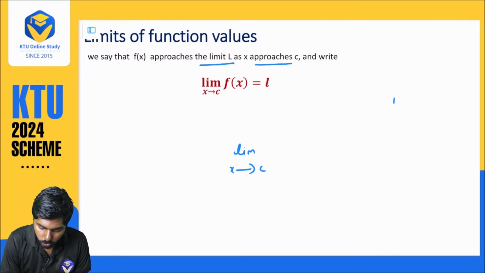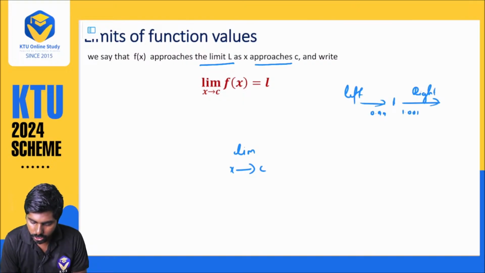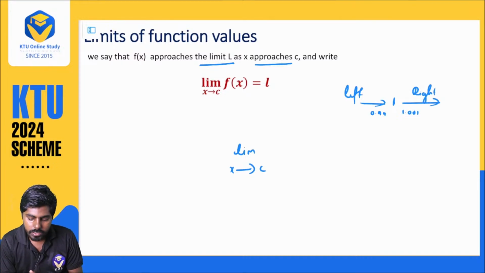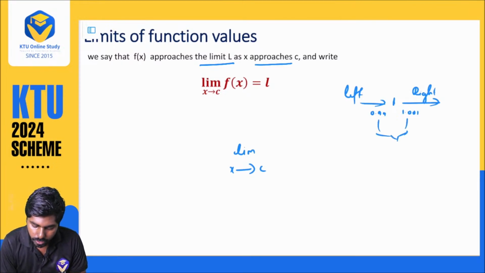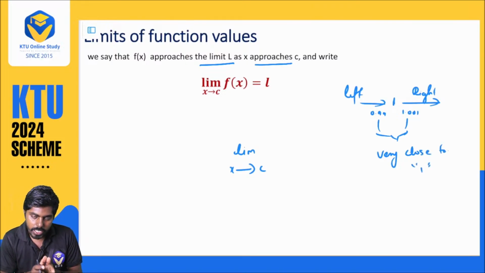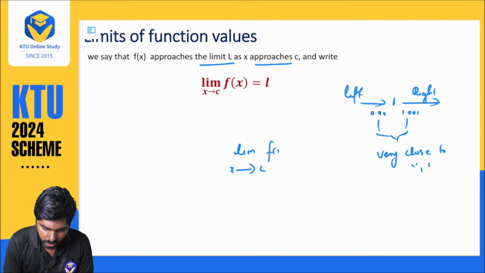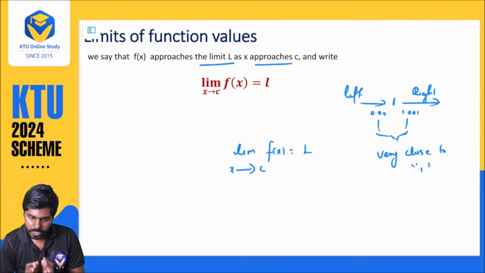For example, whether in the left-hand direction or the right-hand direction, it is near to 1, such as 0.99 or 1.001. Both values are very close to 1. So x approaches c means it is very close to 1, and that's the reason we take 1. The limit of f of x is equal to L. This is the limit formula.